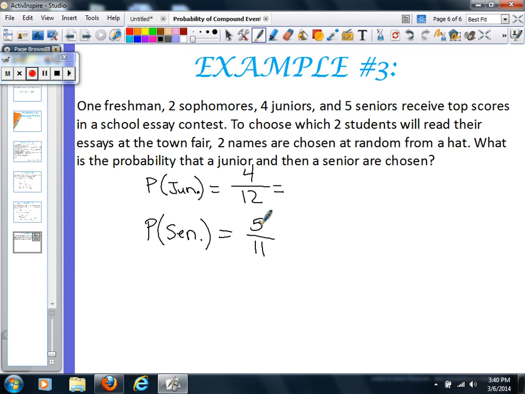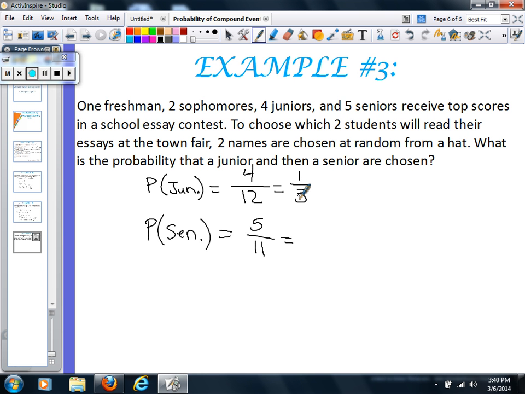So this is what we call probability of dependent events, okay? Because the probability of this one changed because I took one out in the first one, all right? So this first one affected the probability of the second. So these are dependent events. Now I'm going to simplify 4 over 12, which is going to be 1 over 3, okay?